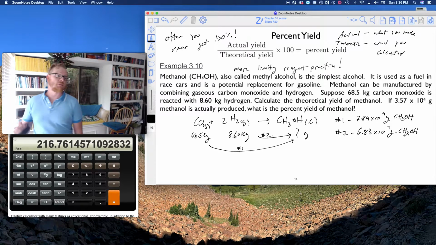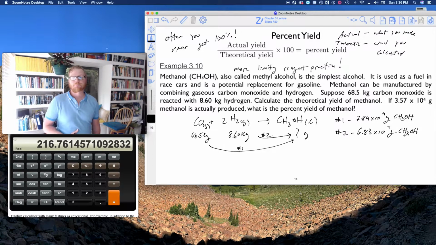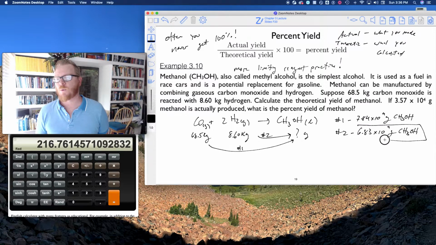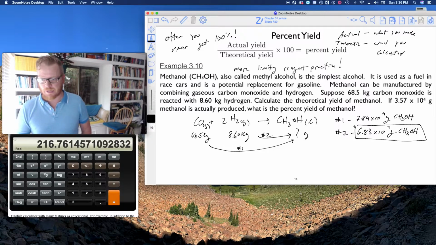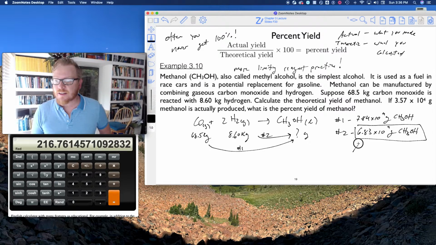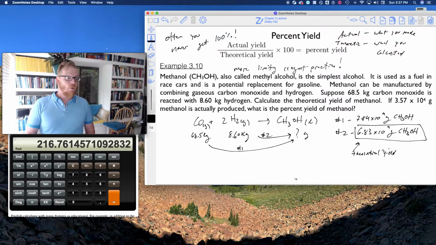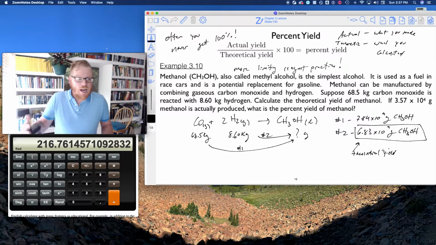So which one is the maximum? Which one's the most that we can make? It's the 6.83 times 10 to the 4th grams, right? That's the one, that's the most. The least is the most, okay? And this is what we would call our theoretical yield, okay? We calculated it. We didn't actually do the measurement.